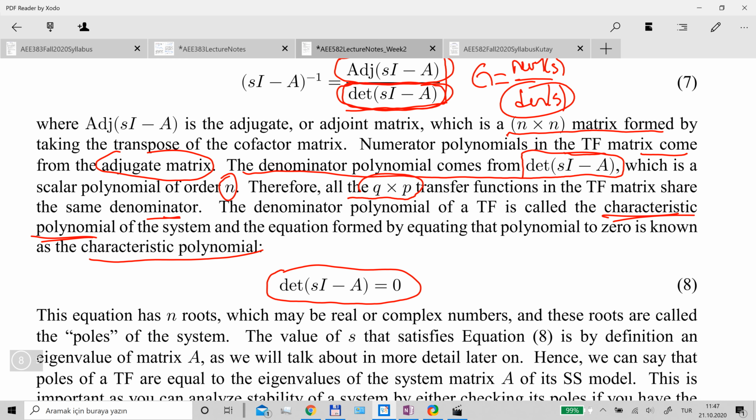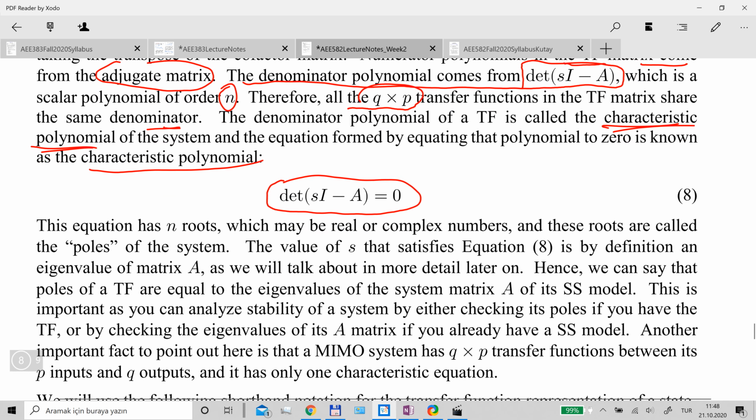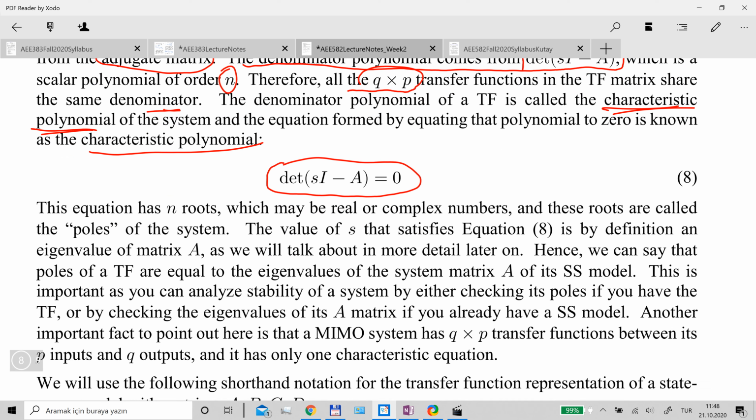So from here we conclude that the poles of a transfer function of a system are equal to the eigenvalues of the system matrix A when you write that system in state space form. So this is actually an important fact. Well, I'm sure this is really not new to any of you, but perhaps you never thought about this equality of the eigenvalues of the matrix and the poles of the transfer function. They are in fact the same thing.